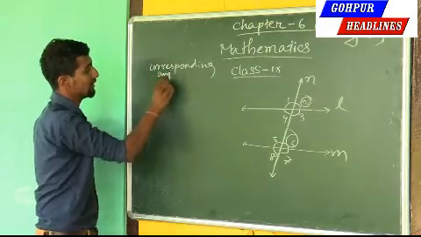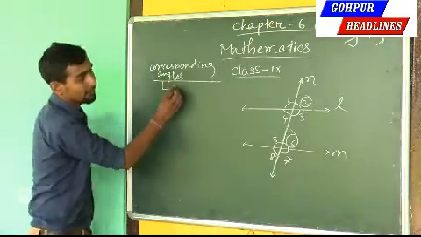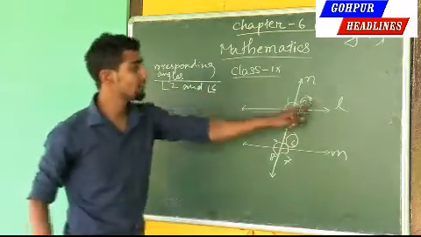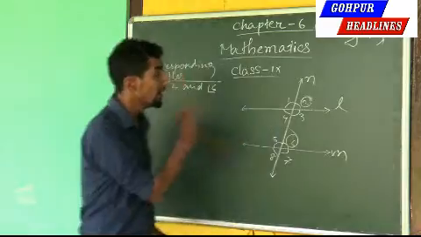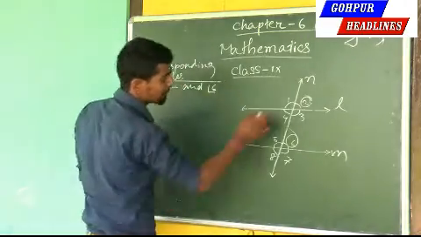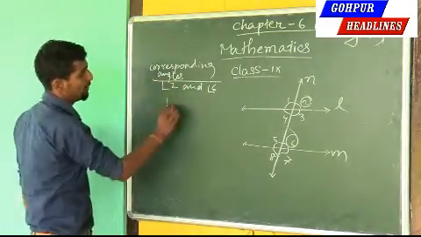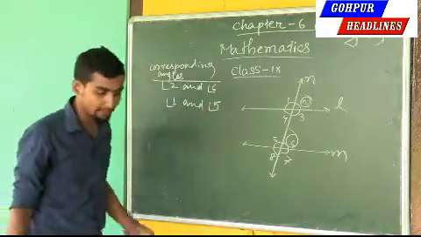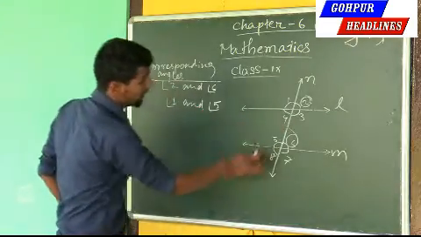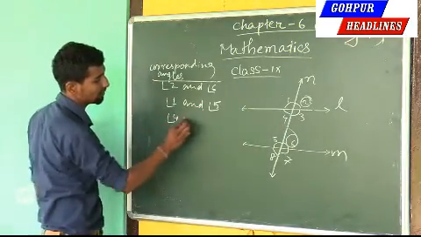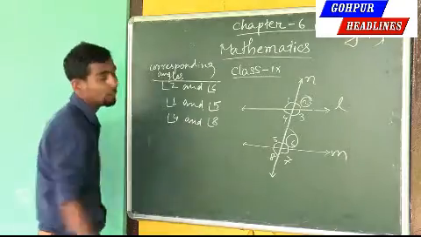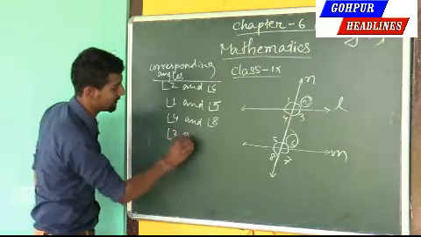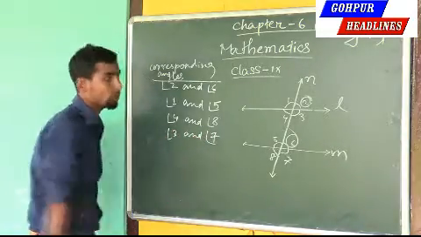Now again 1 and 5, this is also a pair of corresponding angles. Now 4 and 8 are also corresponding angles. And 3 and 7, this is also a corresponding angle pair.